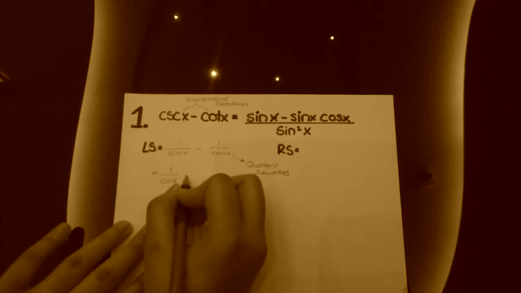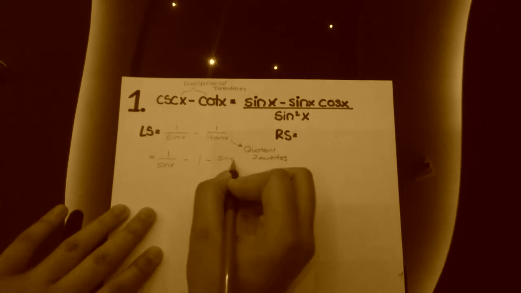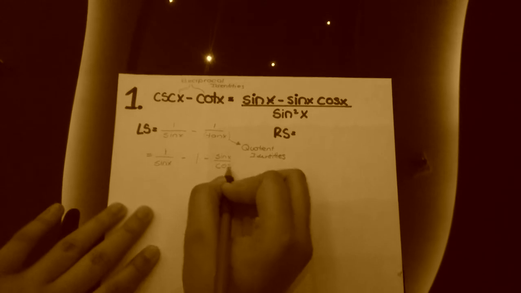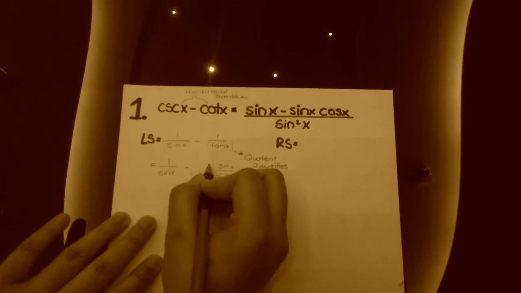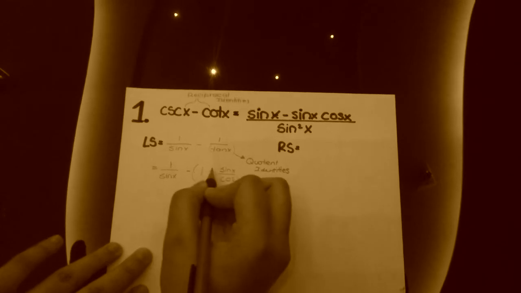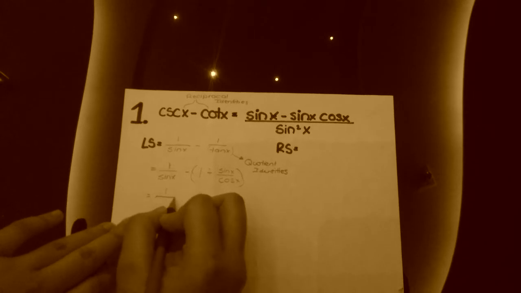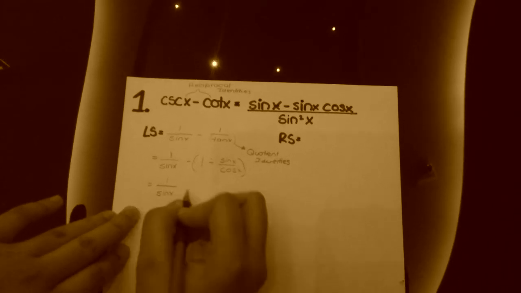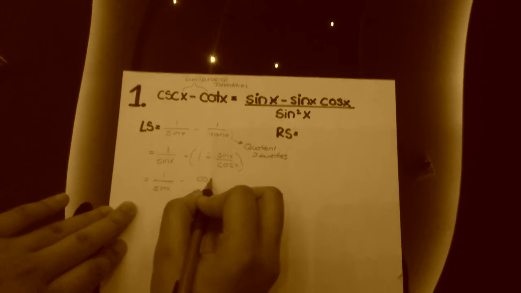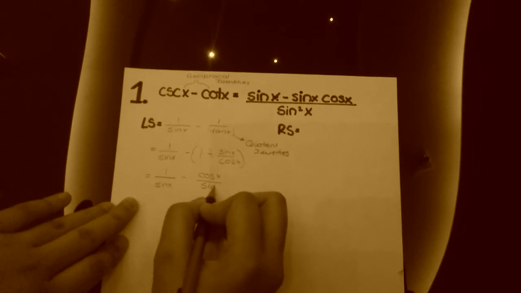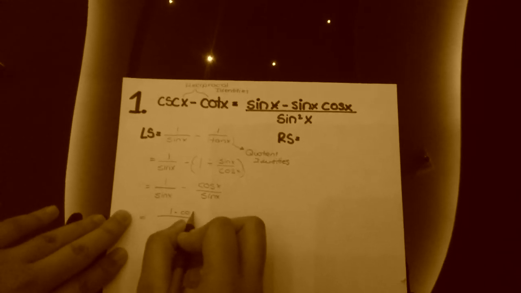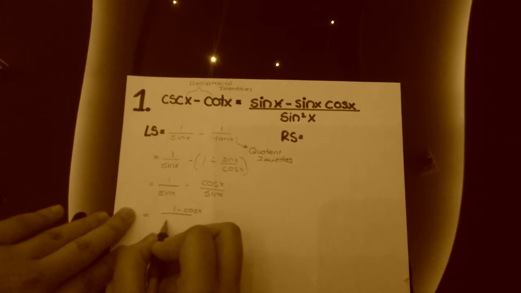So this could be the same as 1 divided by sine x over cos x. When this is simplified, this turns into 1 over sine x minus cos x over sine x. So the final answer for this side is (1 minus cos x) over sine x.